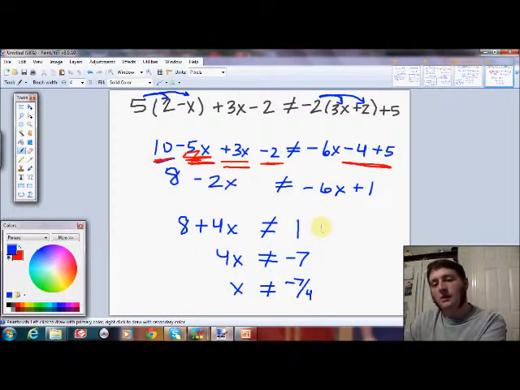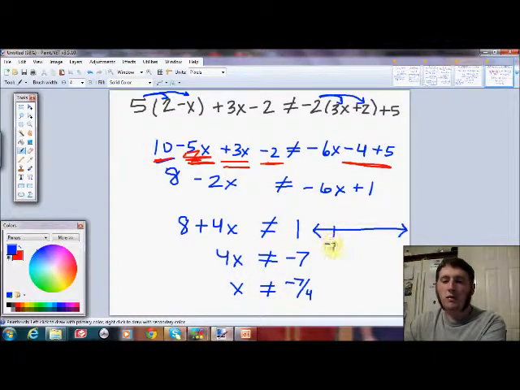Okay, number line graph. Let's see, negative 7/4 is not quite negative 2. Negative 8/4 would be negative 2. So here's negative 2. Tick, tick, tick, tick.